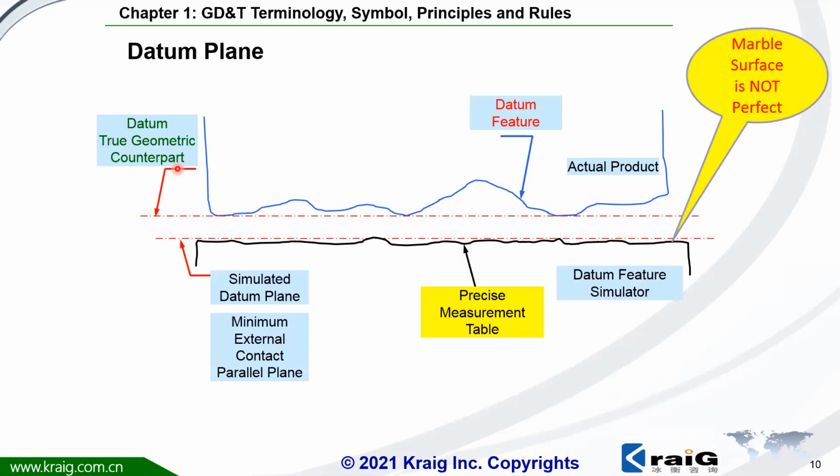As we mentioned, datum simulators such as machine tables are not perfect, but their quality is good enough. Or we can say the error of their deformation is small enough. It's good enough for us to use it as a true geometric counterpart, or use this datum simulator as a datum.